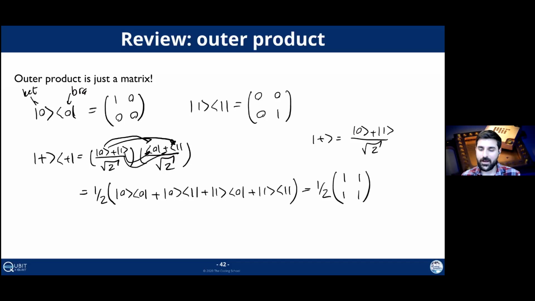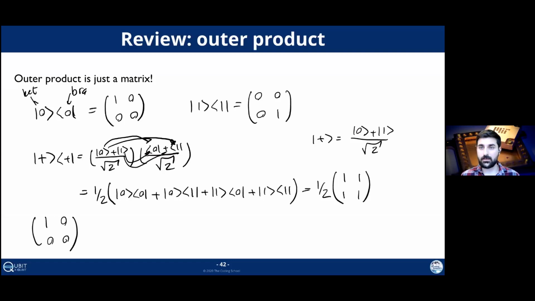Now, why is this a useful tool? Why is this a useful way of representing a matrix? Well, let me show you why. So let's go back to the 1, 0, 0, 0 matrix, right?